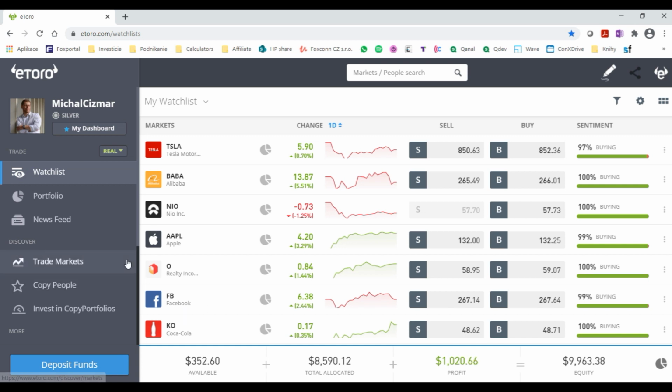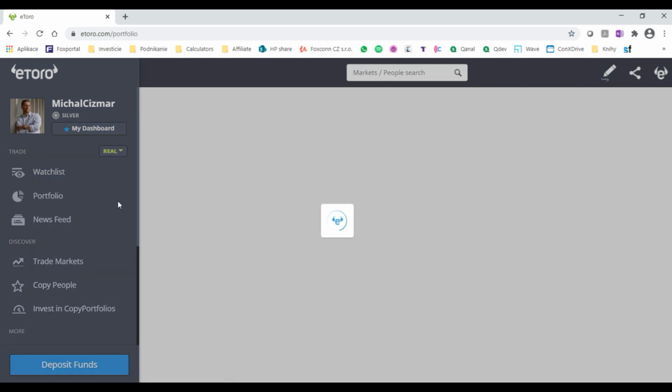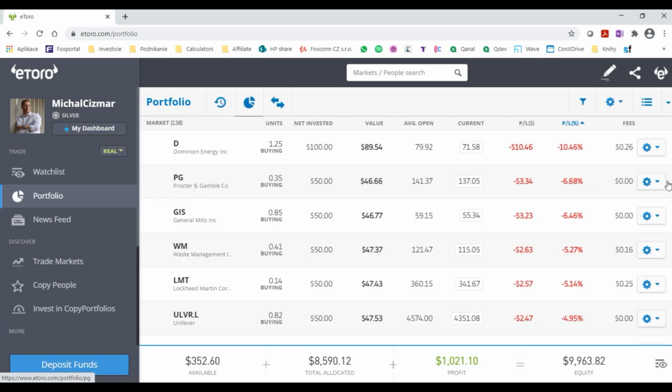So what I was saying, the next steps will be that we are going to buy several stocks. So let's show you at least a couple of how to buy them.